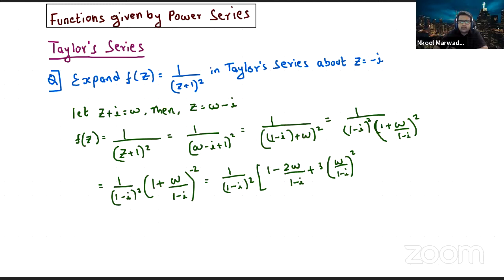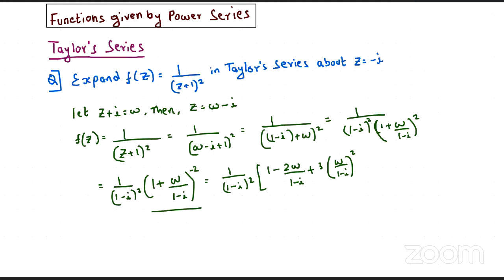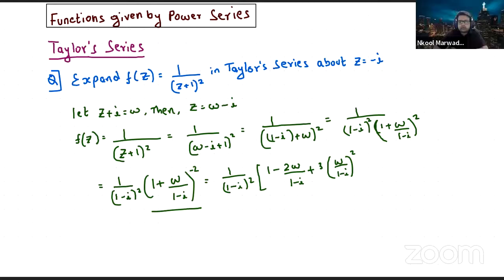Like we are expanding this. 1 plus, it is minus 2. So it will be an infinite series. Minus 4 omega upon 1 minus i cube. And so on.